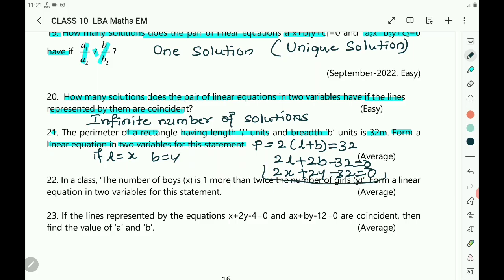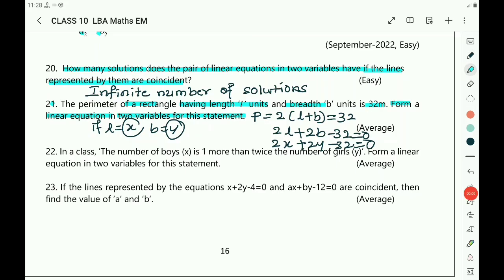This is the linear equation of the given relation. That is, if the perimeter of the rectangle with length L and breadth B is 32 meter, that means 2L plus 2B minus 32 equals 0, or 2x plus 2y minus 32 equals 0 if you take L equals x and B equals y.